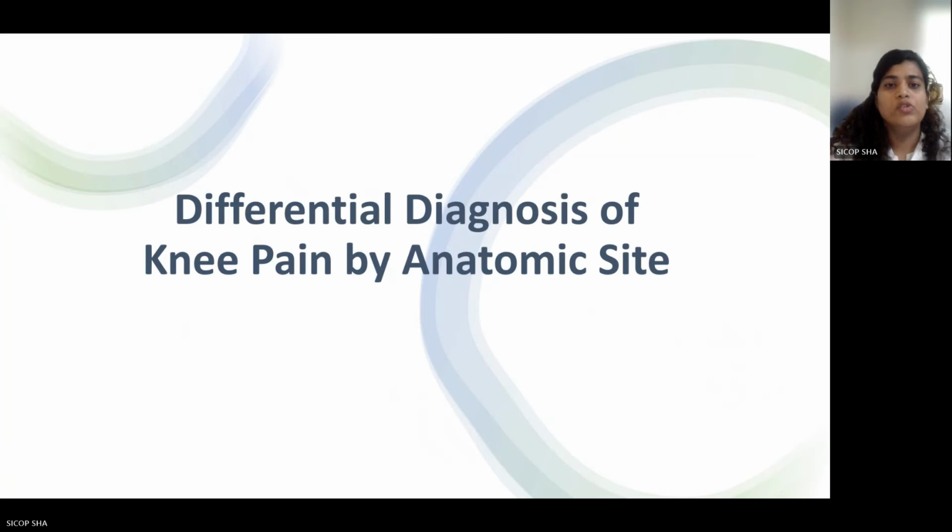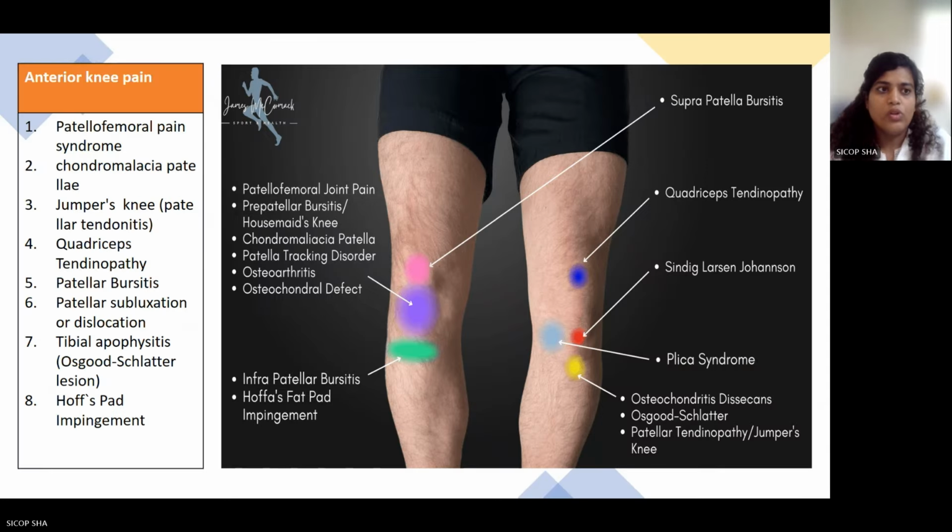Now, the second part: we are going to see the differential diagnosis of knee pain by anatomical site. We are going to divide it into four compartments: anterior, posterior, medial, and lateral.